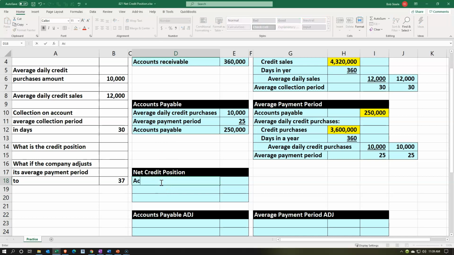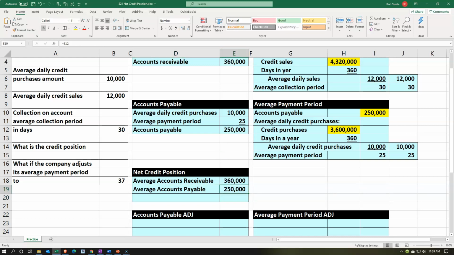So we've got the accounts receivable, and this really should be average accounts receivable, which is going to be equal to what we came to up top, the 360, and then the average accounts payable is going to be equal to the 250.